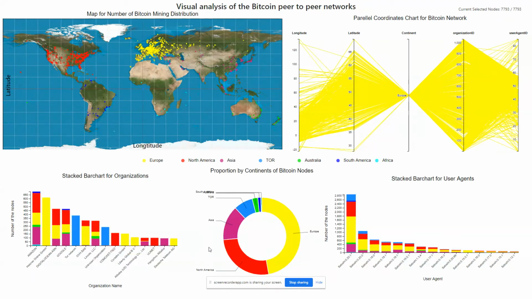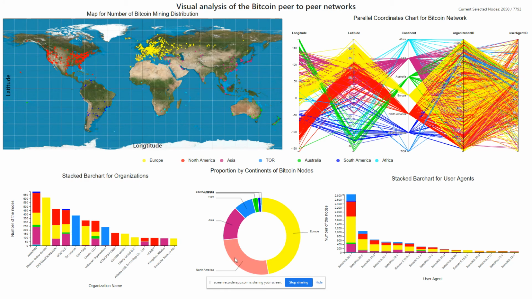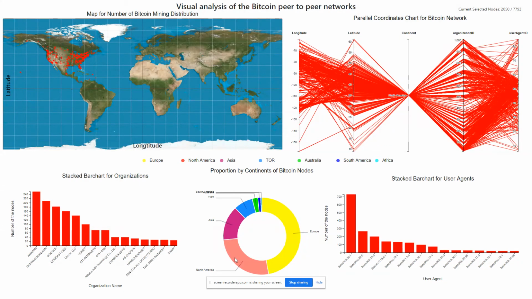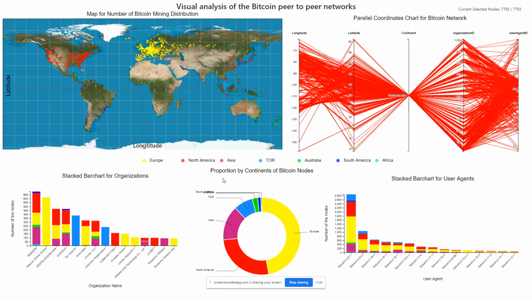Now we can also see our home in North America, which also accounts for a good size of the network, with Amazon leading the way. Although Amazon is responsible for only 200 nodes here, because those are only the Amazon nodes based in the US.